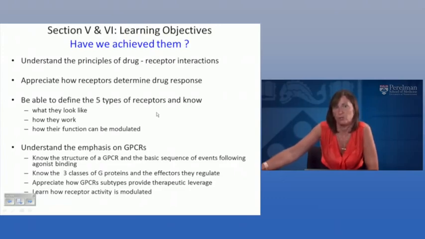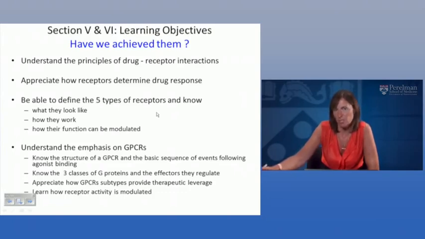I want you to be able to appreciate what they look like in a pictorial sense, the whole concept of monomers and dimerization and activation, how they work, particularly this concept of the ligand binding to the receptor and the sequential steps that are invoked in order to bring about the pharmacodynamic effect, both the intranuclear effects, the alterations in protein synthesis, etc., and how their function can be modulated. And really our understanding of how their function can be modulated is most evolved for G-protein coupled receptors.